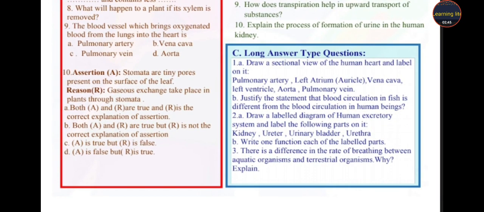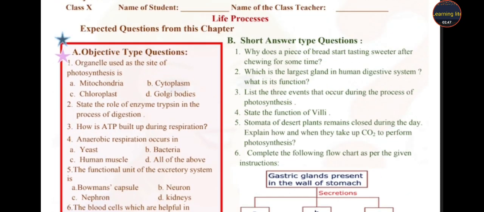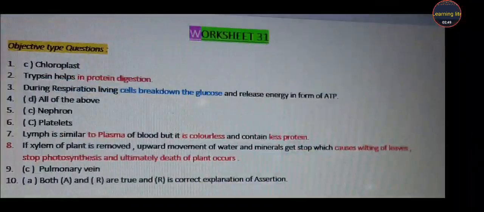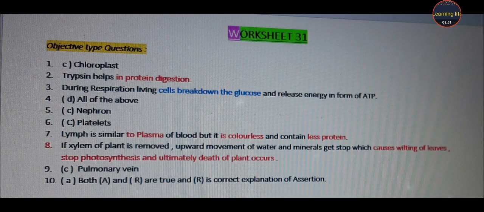Okay. Now I show you the answers of these objective type questions. Please note them down, students. First, chloroplast. Second, in protein digestion. Third, breakdown of glucose. Fourth, D, all of the above. Fifth, that is C. Sixth, help in clotting, that is platelets. And seventh, lymph is similar to plasma but is colorless and contains less protein.